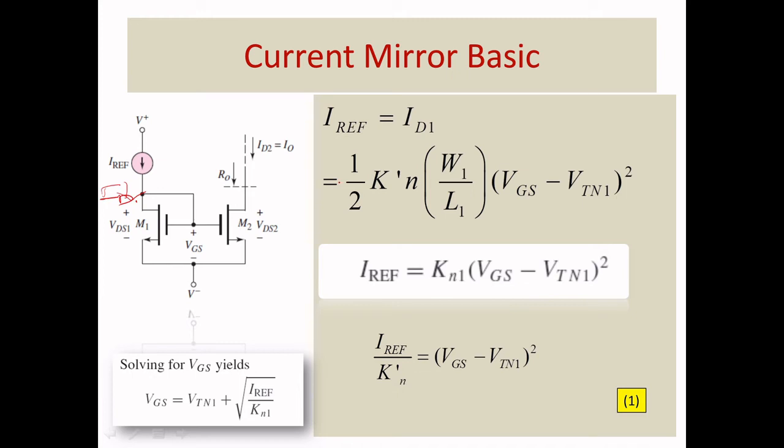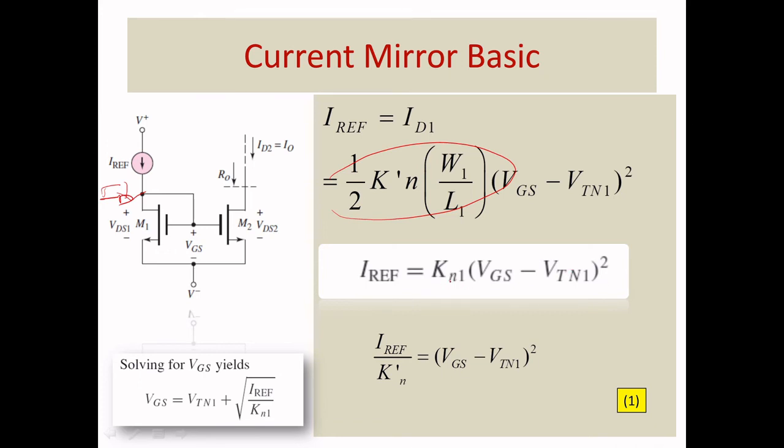That whole function, K dash N 1 by 2 W by L, I can write as Kn. So Kn1, where 1 is for transistor 1, times VGS minus VTN whole square.